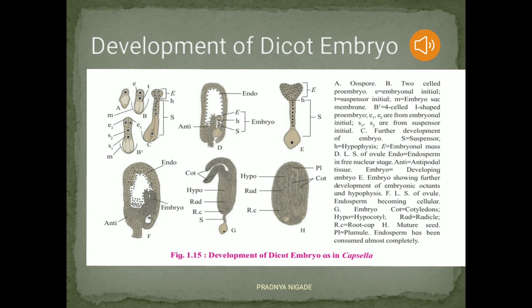After that, H diagram, which shows the mature seed, in which PL stands for plumule. In H diagram, endosperm has been totally consumed, so it is not shown. So what we have seen: diagram E represents heart-shaped embryo, diagram G represents horseshoe-shaped embryo, and H represents mature seed.